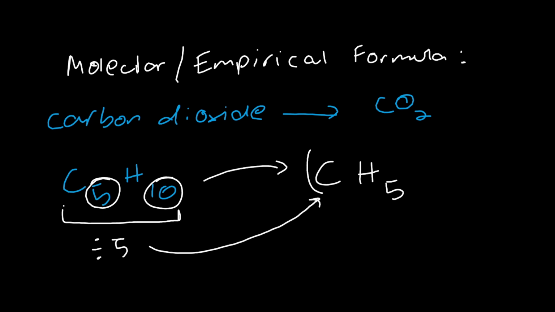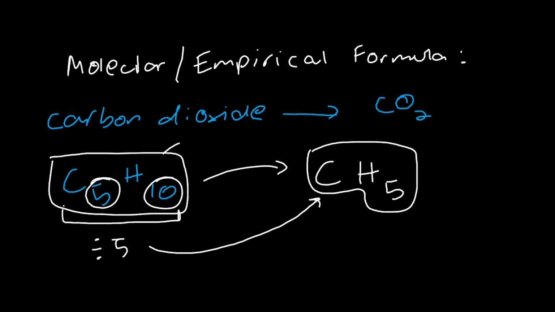This form right here is the empirical formula, and this form over here is known as the molecular formula. So the difference is that the empirical formula is a simplified version of a compound's molecular formula.